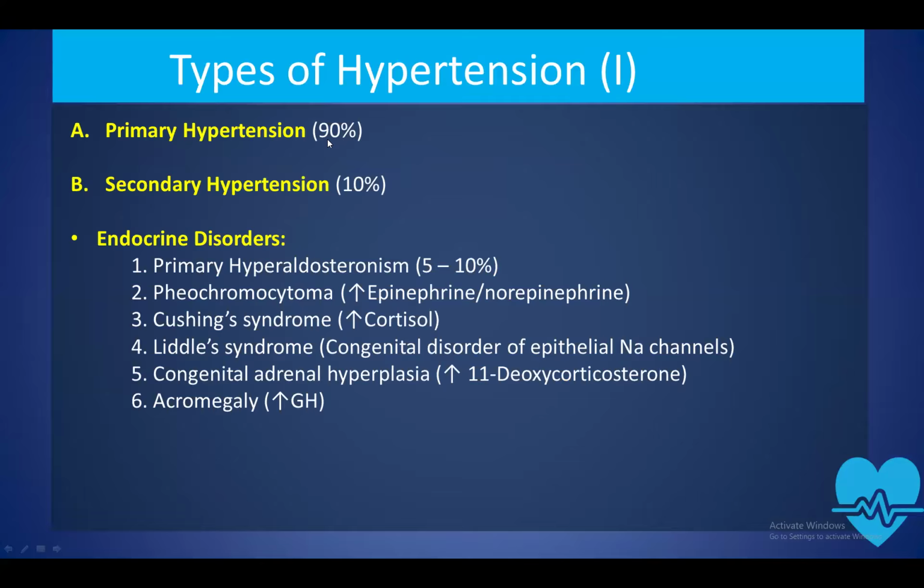In 90% of the cases, hypertension is primary, which means that there is no identifiable cause of hypertension. In 10% of the cases, hypertension is secondary to some other cause. The most common secondary cause of hypertension is primary hyperaldosteronism.